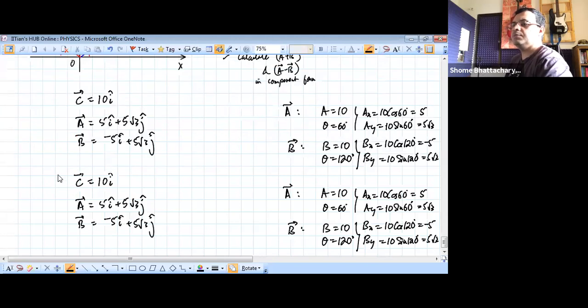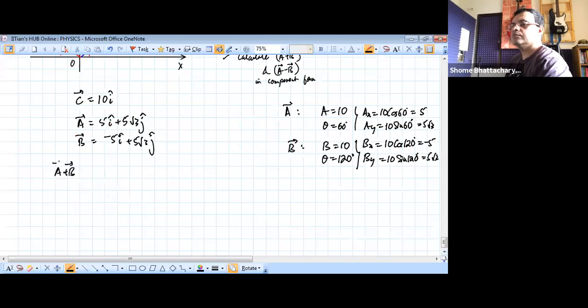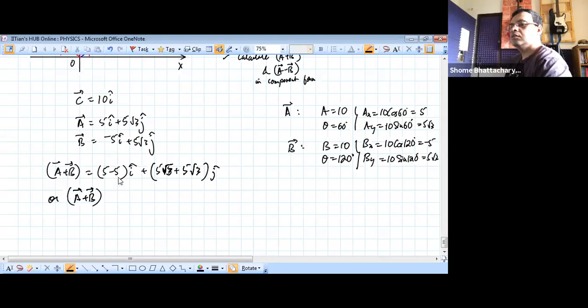Now once you got these, you see now what is A plus B? A plus B is becoming minus 5 plus 5 plus 5 root 3 plus 5 root 3 j cap. ये वाला component 0 है, so it is just these two, so that is 10 root 3 j cap.